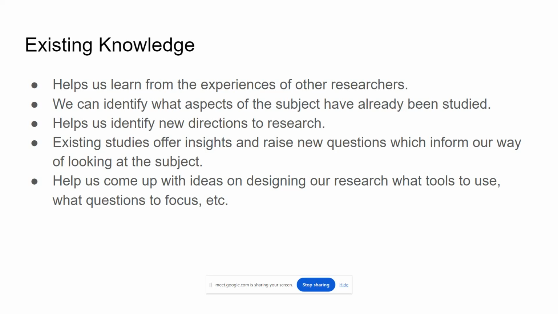Even in those aspects, the whole context changes, and the findings from the study will also change. So you can identify that here the context is different, and the Maharashtra region aspect has not been studied yet, so I really want to study that, right? It also helps identify new directions to research, right?